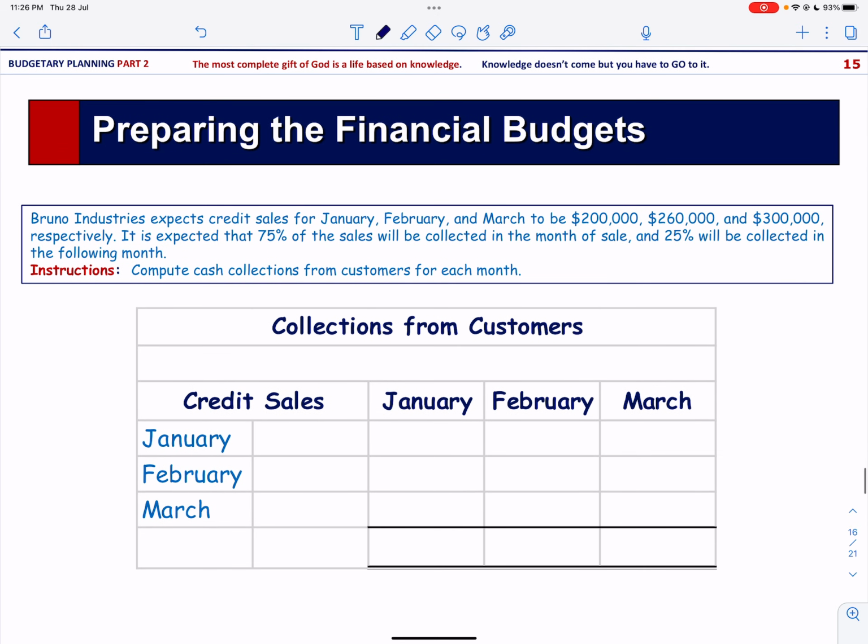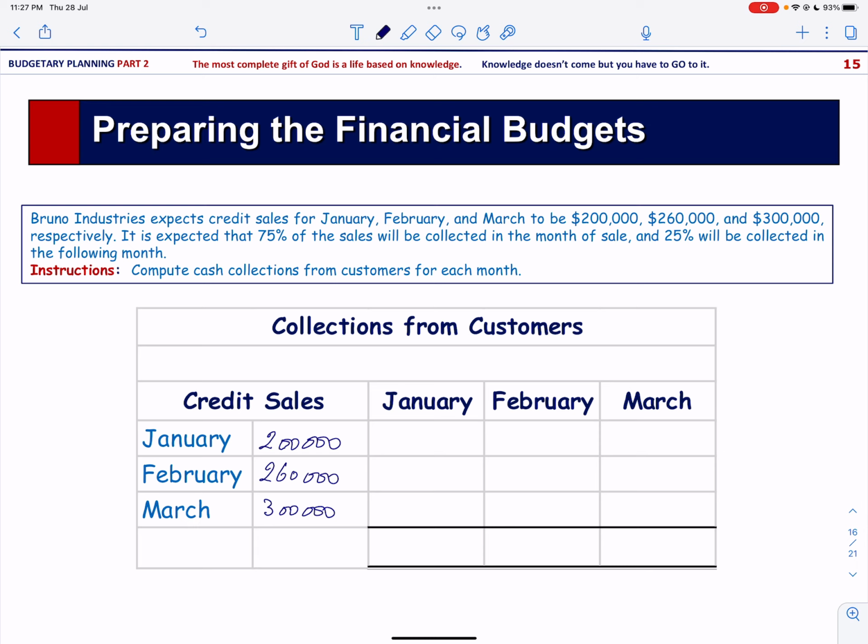Bruno Industries expects credit sales for January, February, and March to be 200,000, 260,000, and 300,000. These are the sales, and it is expected that 75% of the sales will be collected in the month of sales.